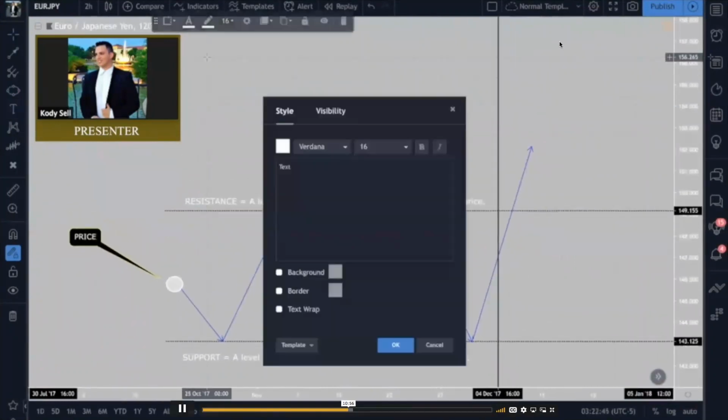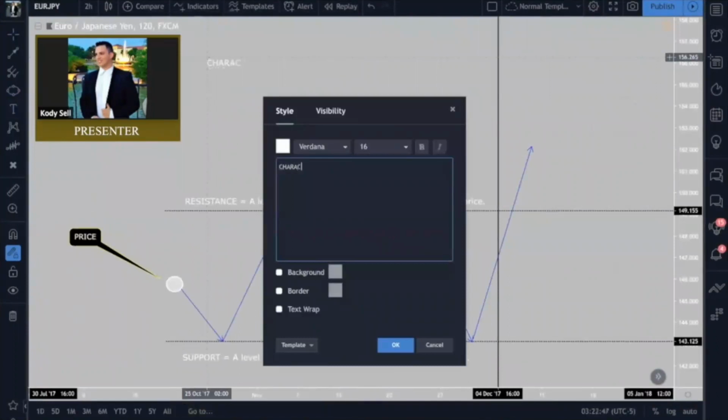So, characteristics of support and resistance. So the first thing that you need to understand is that support and resistance are not actually different. They're actually the same. The only difference between a support or resistance is actually just simply where price is.